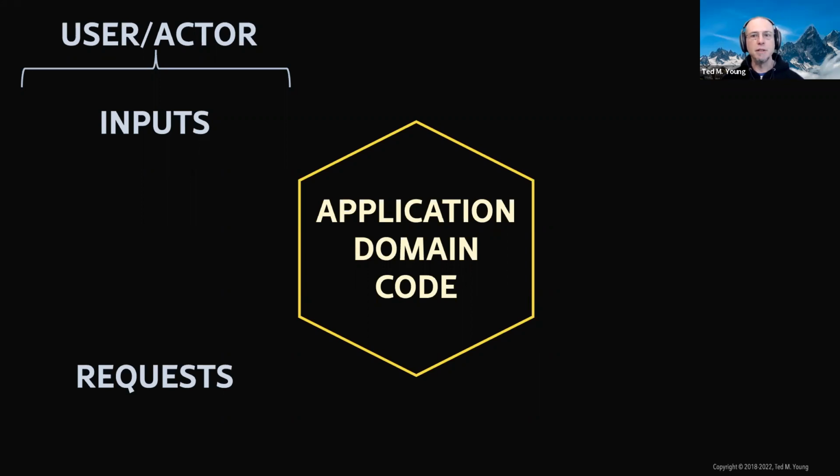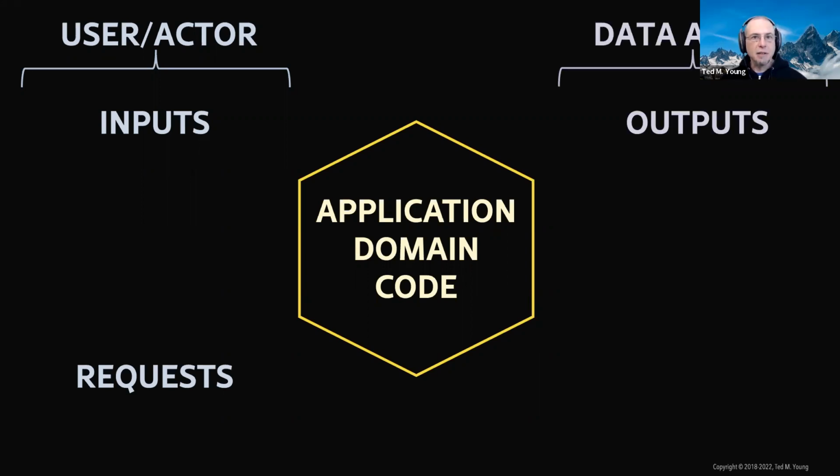So there are inputs, there are requests, and then there's data access, right? Because often we need to access information in order to fulfill these requests. Maybe we have it in memory, but we can't trust that, right? Memory doesn't live forever. So we often, at a minimum, have persistence, some kind of database, some more durable way of storing information. But also there's information that we might need from other services to fulfill the function, right?